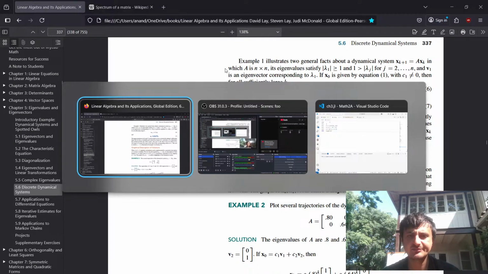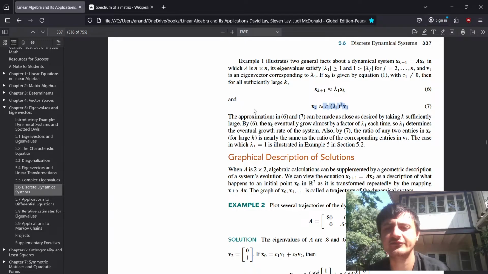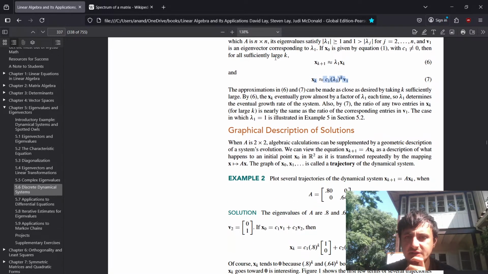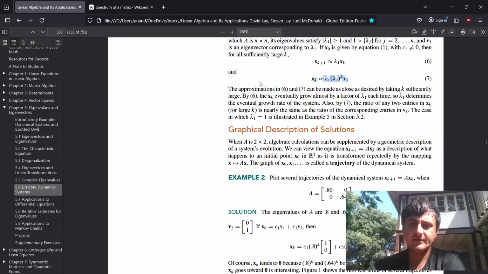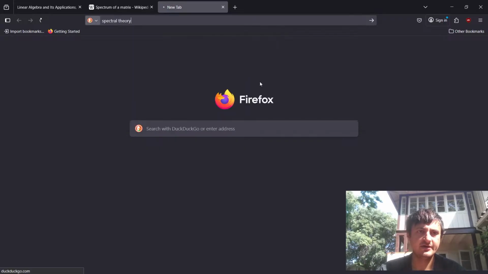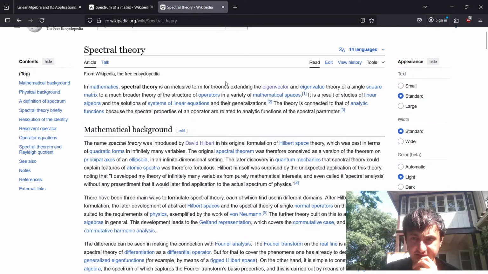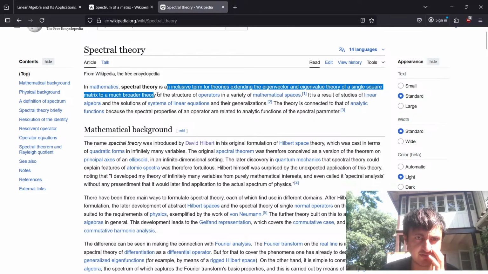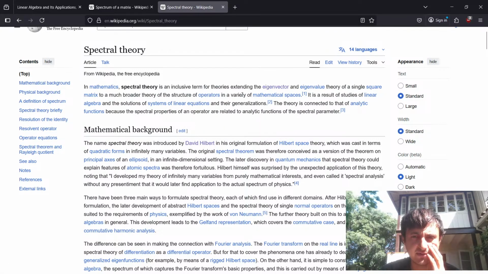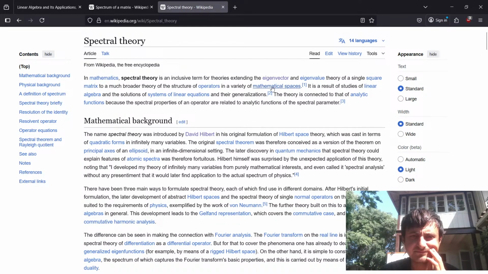I was watching this video on spectral graph theory, which I guess, more generally, spectral theory is basically the study of, an inclusive term for theories extending the eigenvector-eigenvalue theory of a single square matrix to a much broader theory of the structure of operators in a variety of mathematical spaces. But is it always on a vector space?